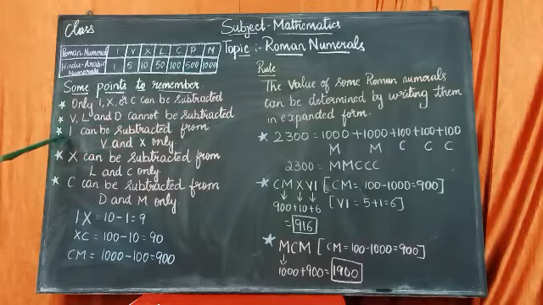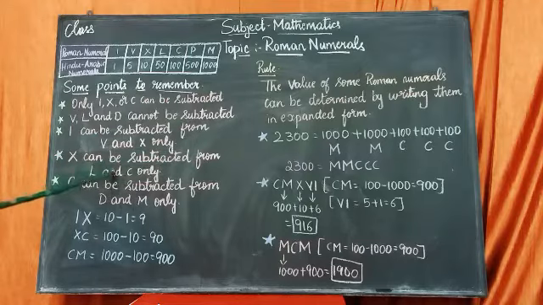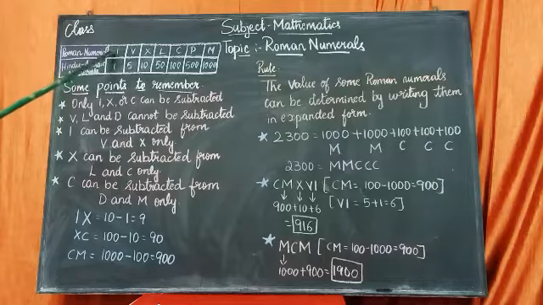Third point, I can be subtracted from V and X only. Fourth point, X can be subtracted from L and C only, because here L and C are greater numbers than X, but here V and I are smaller than X.